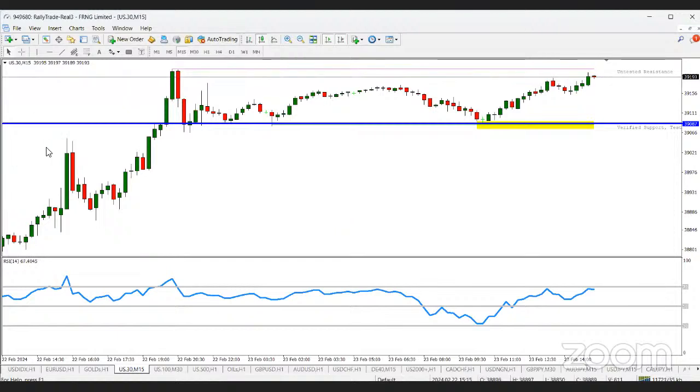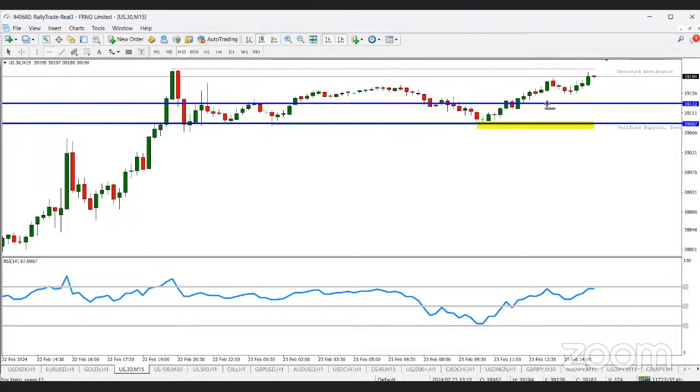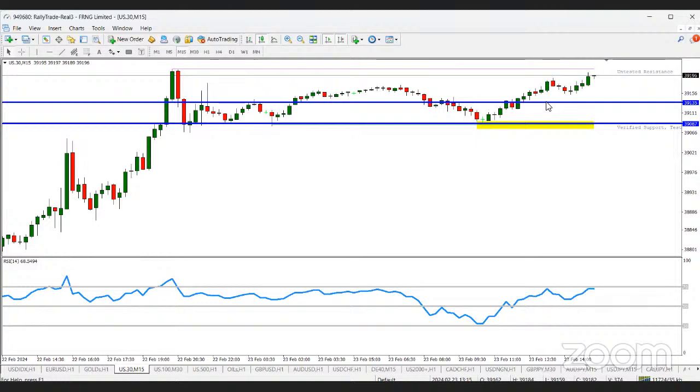Okay, and then for my buy, if price sells to 39,085, I should be targeting at least a take profit at 39,130. So that's what I would advise. I could buy once price gets to 39,080, and buy from there to 39,130.